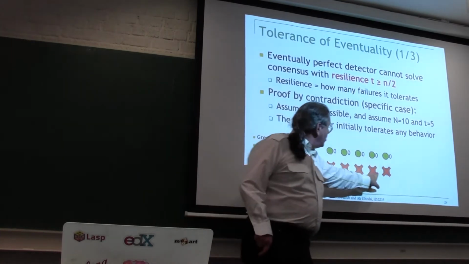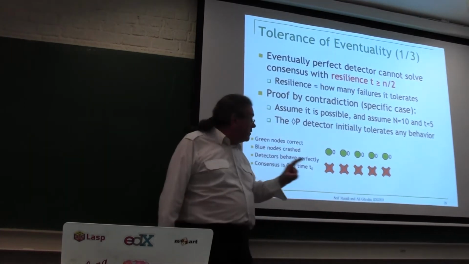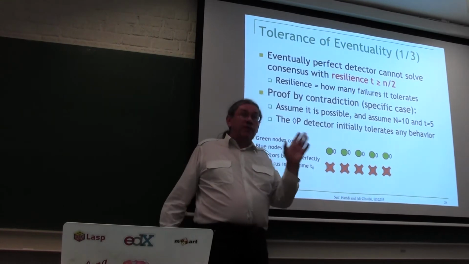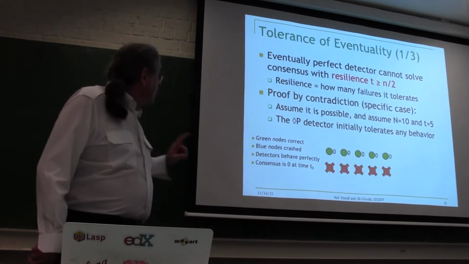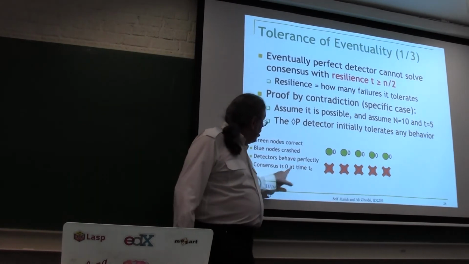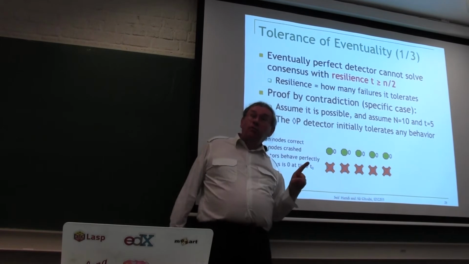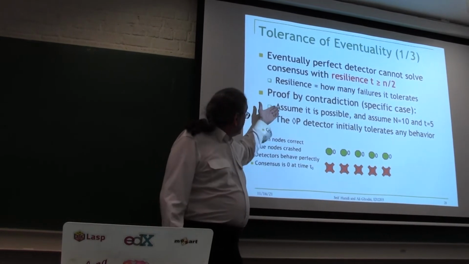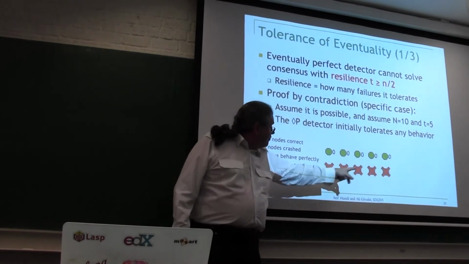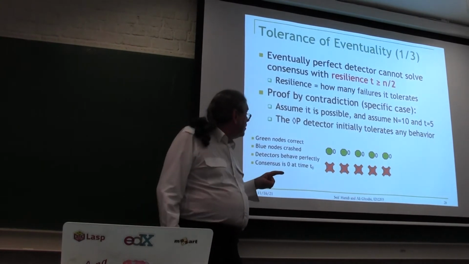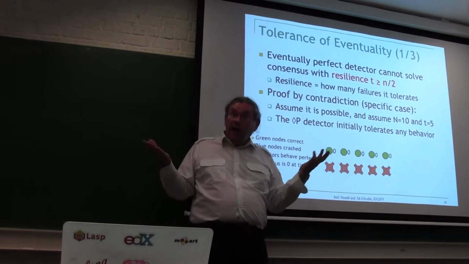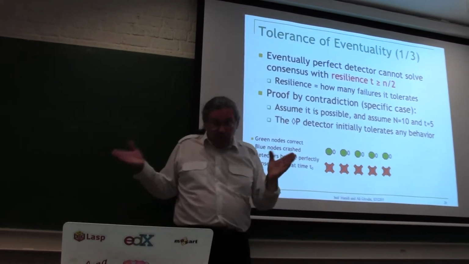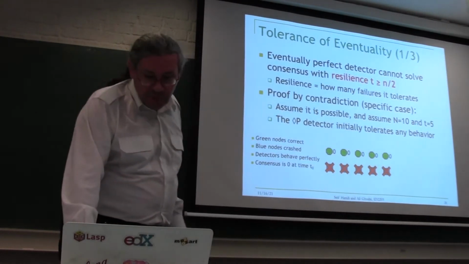And these are crashed, and they are correctly detected by the green nodes. So the result of this algorithm is that it will decide 0, right? Five nodes are crashed, and it correctly detects them. The other 5 will decide 0, right? That's absolutely reasonable.